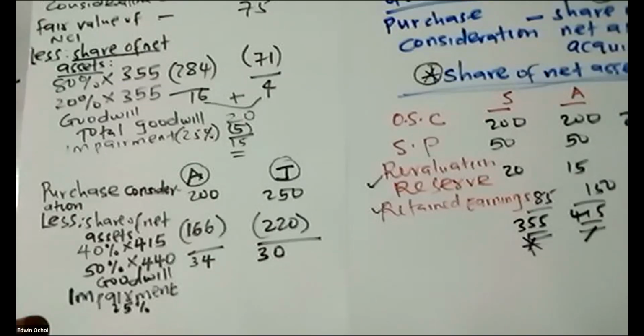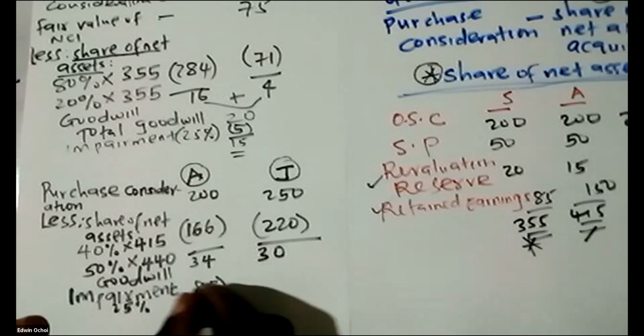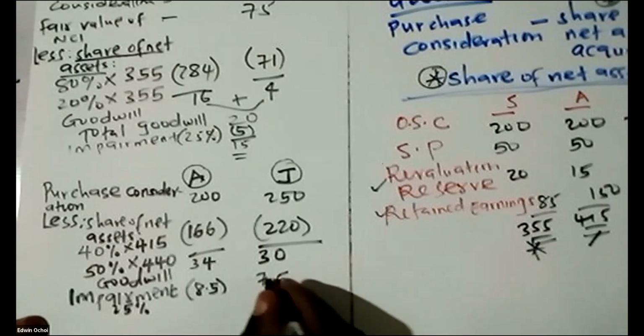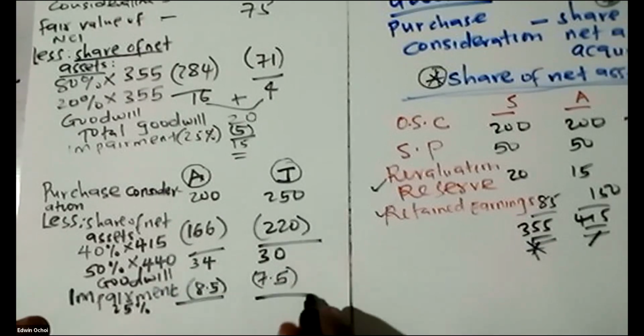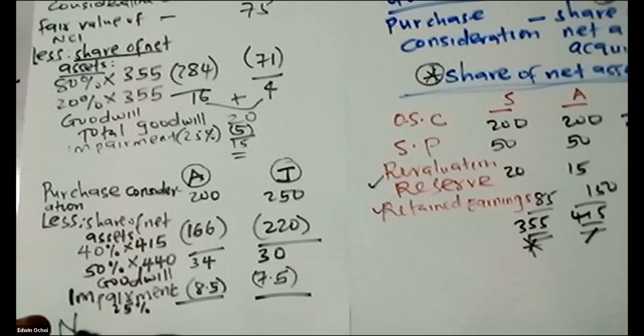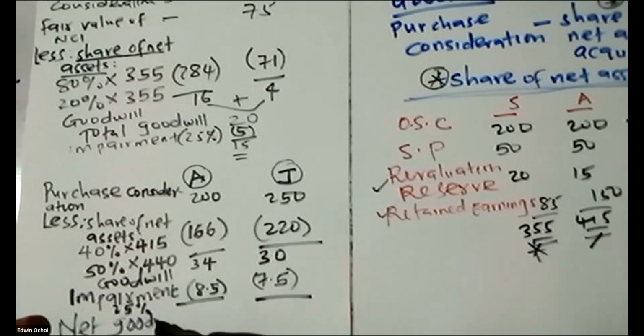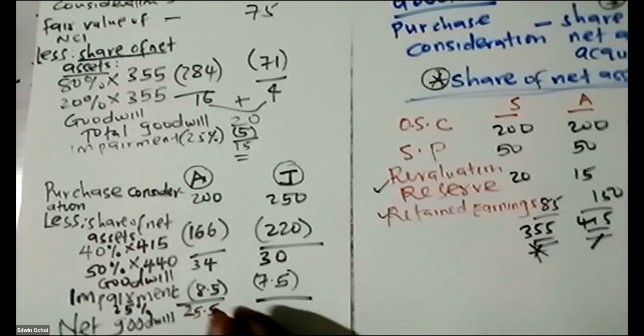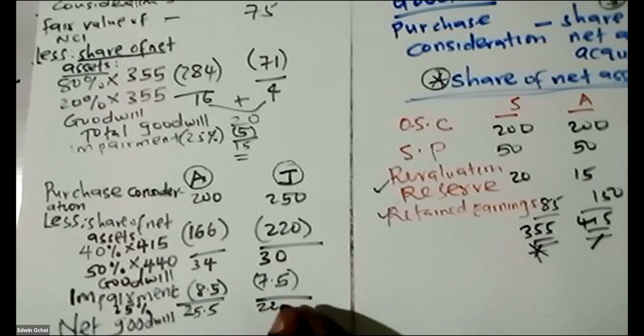So 25% of 34 is 8.5, and the other one is 7.5, 25% of 30. So their net goodwill will be 34 minus 8.5, which is 25.5, and the other one is 30 minus 7.5, which is 22.5.